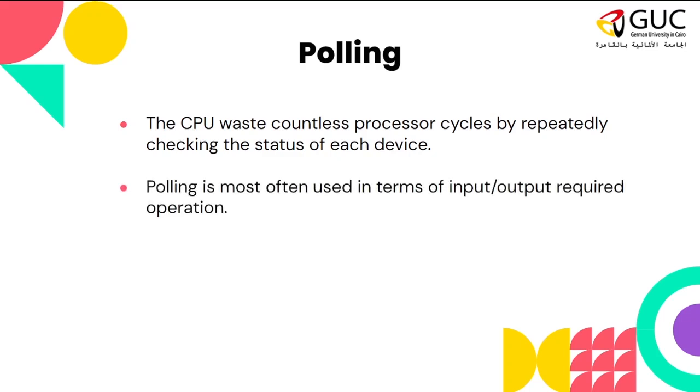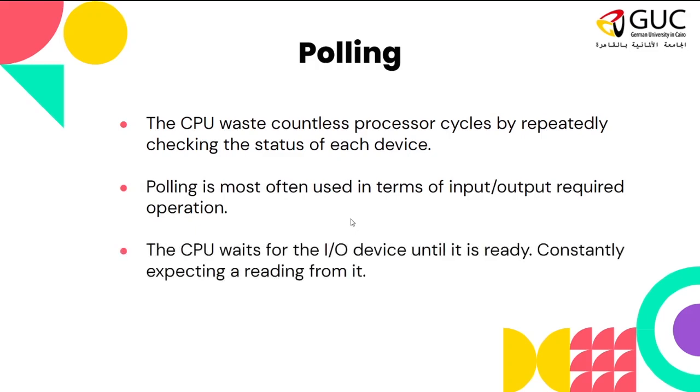It is mostly used with input-output devices from which we require some kind of operation. The CPU waits for the input-output device until it's ready, and is not going to execute anything until the reading comes and the input-output device is serviced by the CPU.